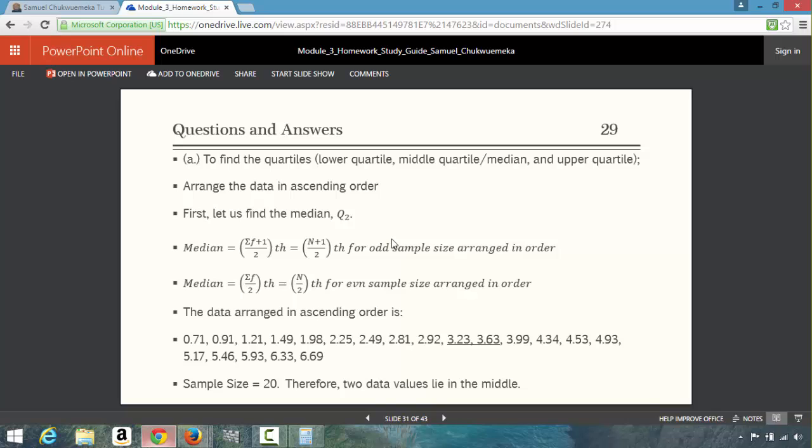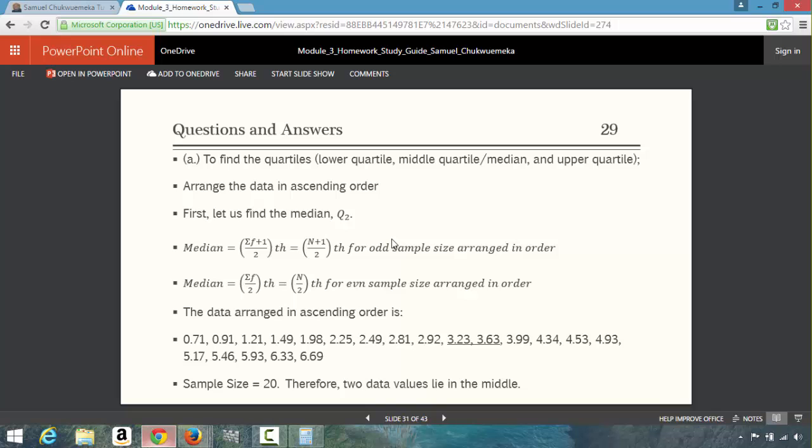If you have an odd sample size, like 3, 5, 7, 9, 11, you have just one guy in the middle, and that's the median. But if you have an even sample size, 4, 6, 8, 10, 12, 2 guys will be in the middle, so the median will be the average of those 2.